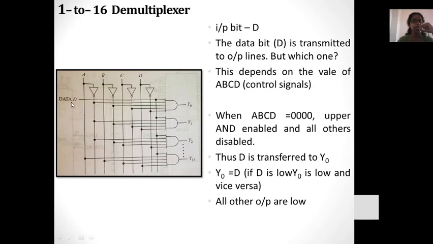The input data is capital D, and the outputs are Y0, Y1, etc. Got the point? In the last diagram, we changed the symbols: input as F, controls small a, b and the outputs as capital A, B, C, D. Here there is a change: the input is capital D, control signals are A, B, C, D and the outputs are Y. Got the point?